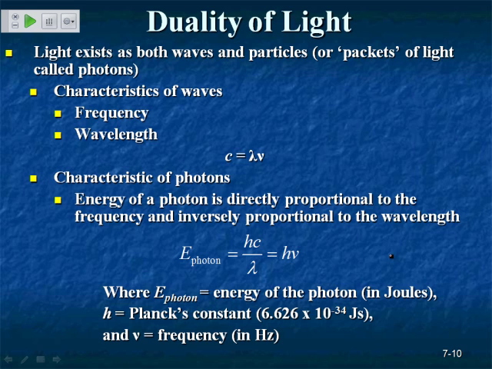Okay. So far we were talking about the wave nature of light. We said electromagnetic radiation travels through space as oscillating waves, and the waves are characterized either by the wavelength or by its frequency. Now, light or electromagnetic radiation also has another nature, which is the particle nature.